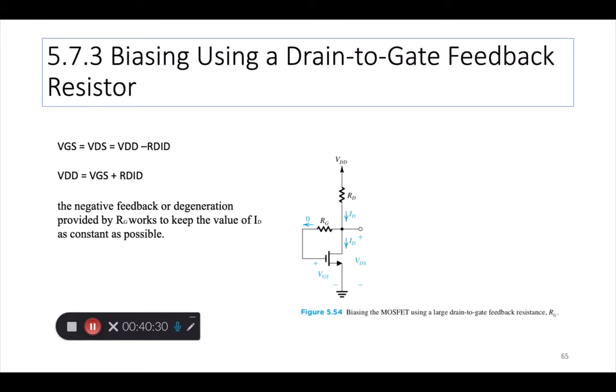Okay, so this is also a popular method for biasing. It's reasonably accurate, not as accurate as with the voltage divider network, but it's also commonly used.